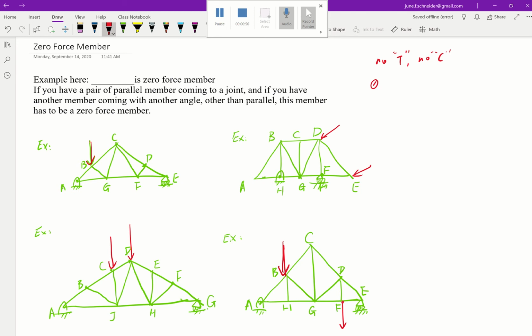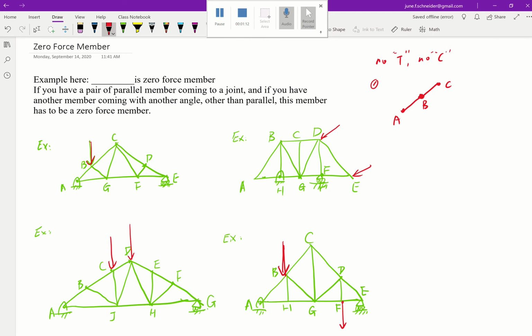The first possibility is when you have two members connected in a line, for example AB and BC, pinned at C here. This is part of the truss.